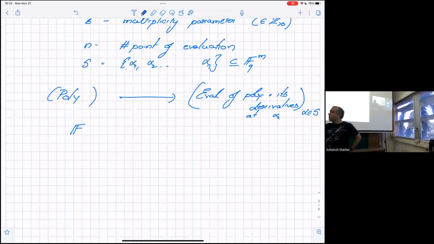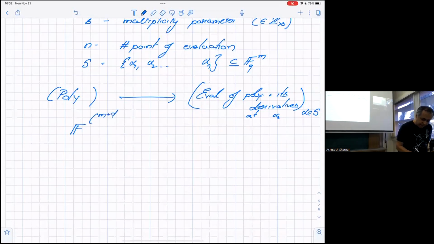The ambient dimension of the space is the number of monomials of degree at most D in M variables, which is M plus D choose M. The encoding takes a polynomial and maps it to sigma to the power n.